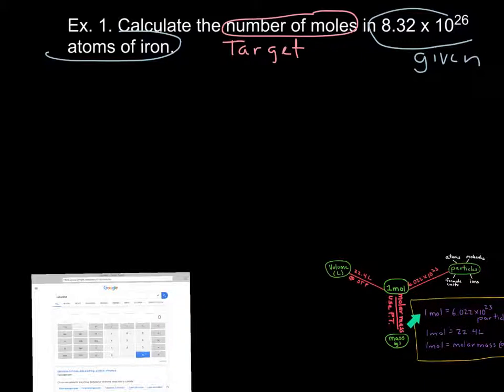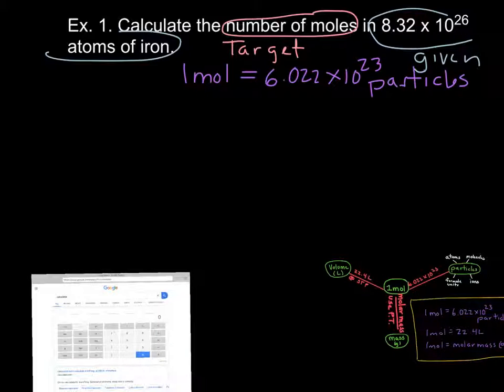Or if you like the equalities, 1 mole is equal to 6.022 times 10 to the 23rd particles. Okay? Alright, so that's the equality we're going to be using. So let's write that down. 1 mole is equal to 6.022 times 10 to the 23rd particles.